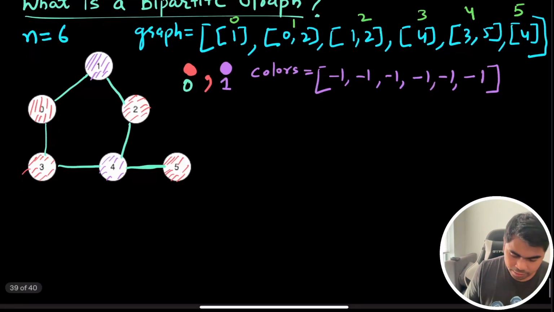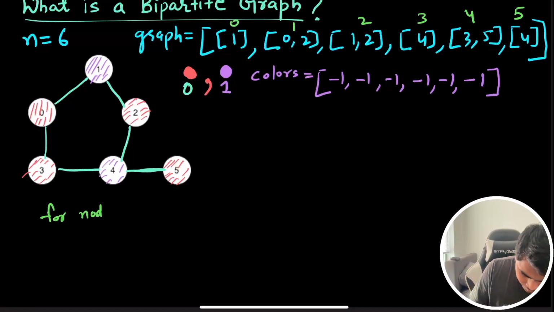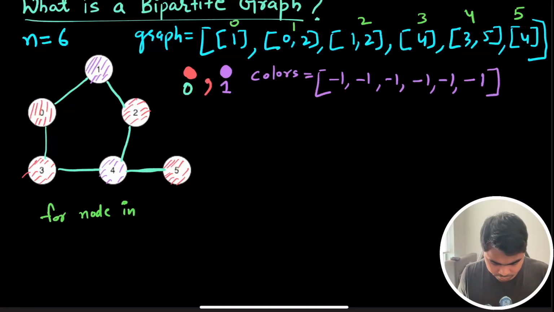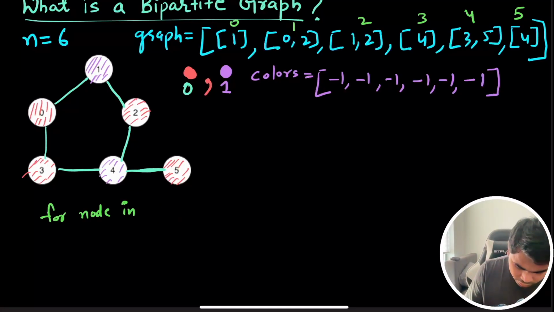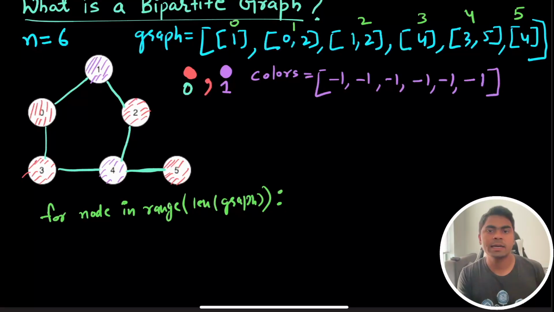And then we will be calling a for loop. That for loop will be visiting each node. So for node in range length of graph, because the graph could be disconnected as well.